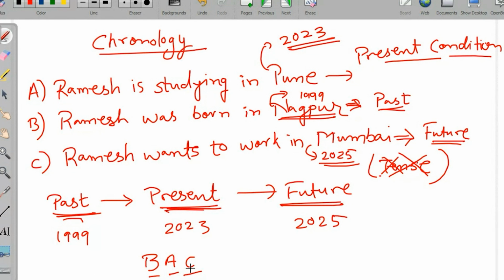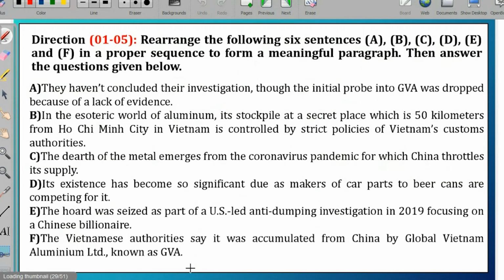Now let's solve the parajumbles. Look at these 6 statements and go through this. You have 3 to 4 minutes for this. Just go through this and try to solve it.